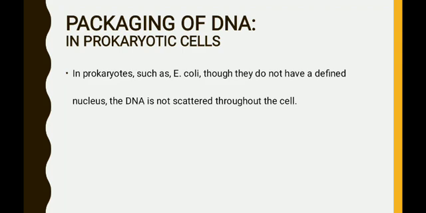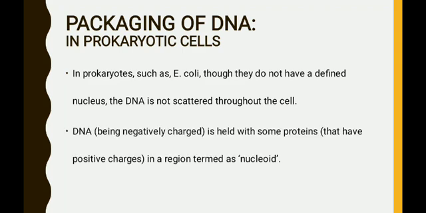It is located in one particular region in the form of a coiled, circular DNA. The DNA, being negatively charged, is held with some proteins, but those proteins are called non-histone proteins. The histone proteins are absent in prokaryotic cells. Some additional proteins are there in the region named the nucleoid.